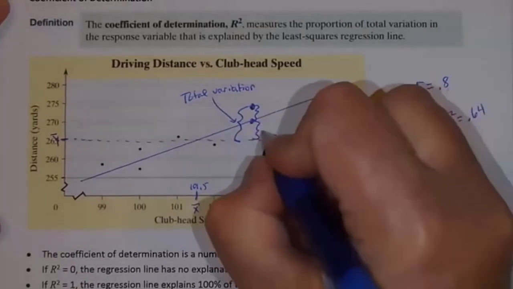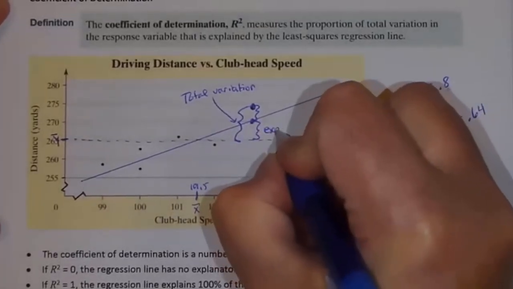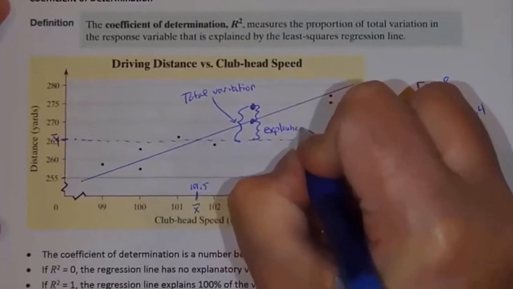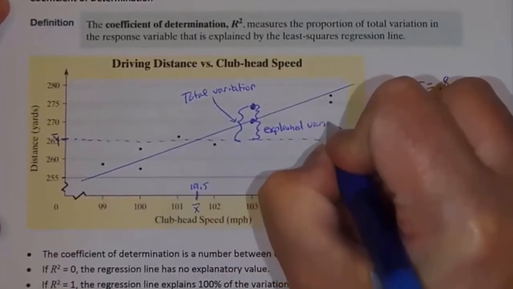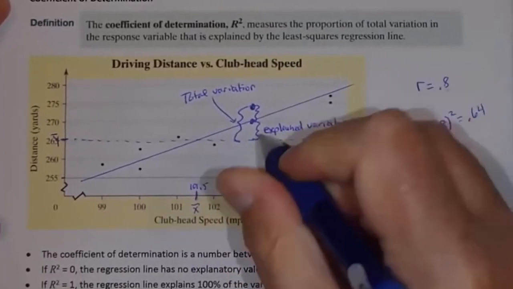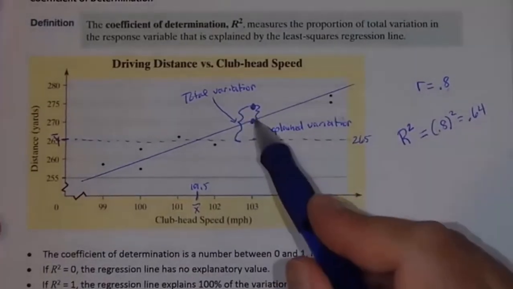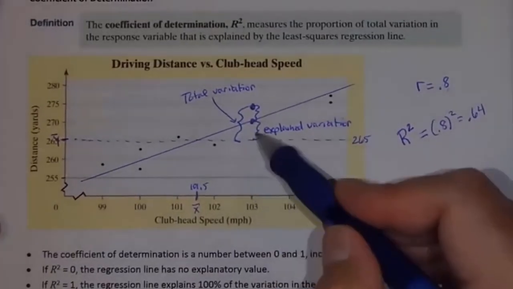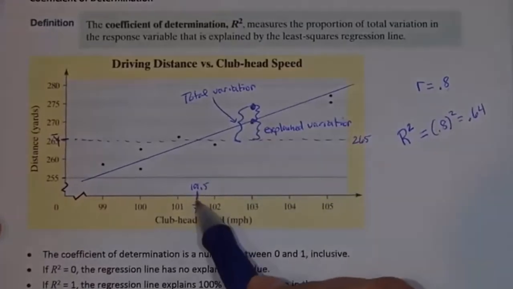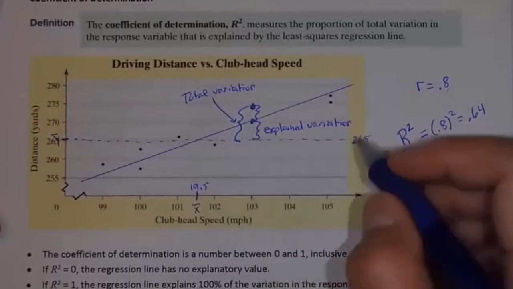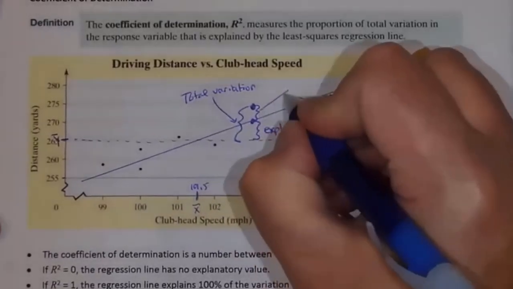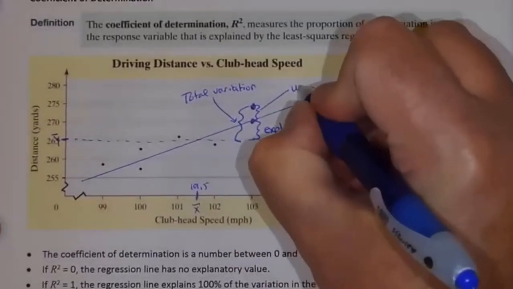This right here is explained. This is the explained variation. So I can explain partly why this isn't 265. It isn't because I swung faster than 101.5. So I can use the regression line to explain part of that variation. But this other part of the variation is unexplained.